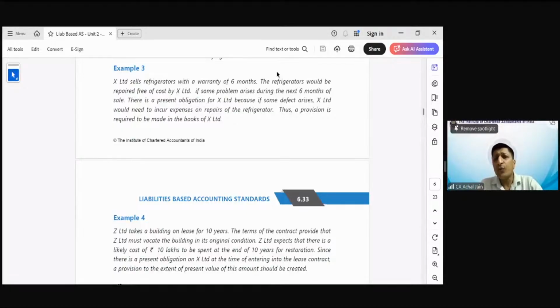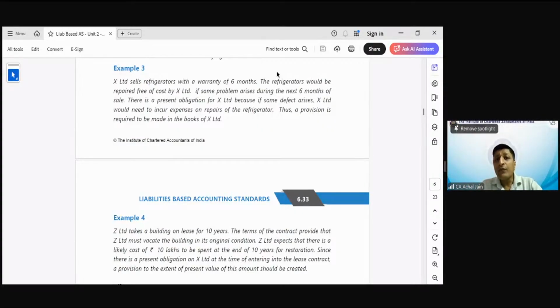Will there be any cost on the part of the company in such a case? Yes. The refrigerators would be repaired free of cost if some problem arises during the next 6 months. So in this case, there is a present obligation for X Limited, because if some defect arises, X Limited would need to incur expenses on repair of the refrigerator.